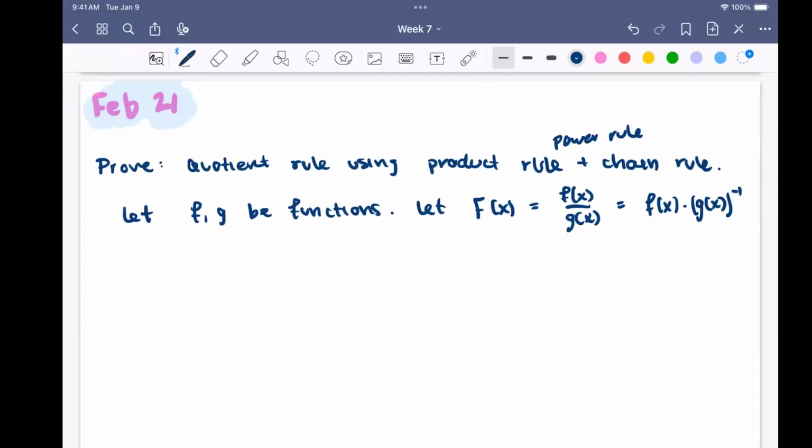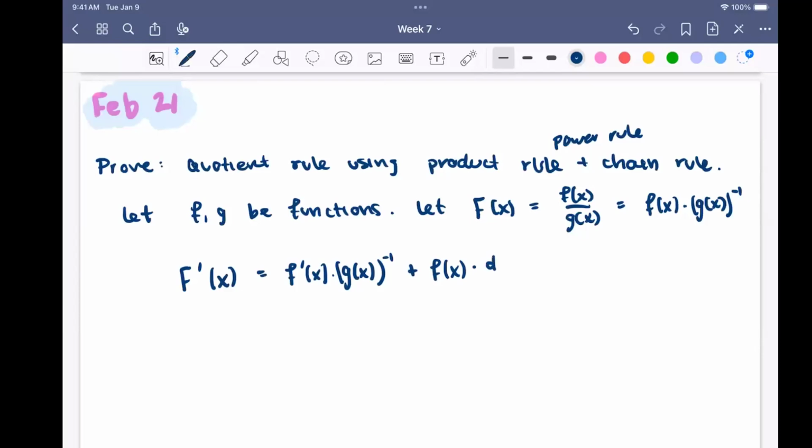Now I'll take the derivative of this first using the product rule, but along the way we'll also use the power rule and the chain rule. So F prime of x: by the product rule, I'll take the derivative of the first function, f prime of x, times the second function, g of x to the -1, plus leaving the first function alone, f of x, times the derivative of g of x to the -1.